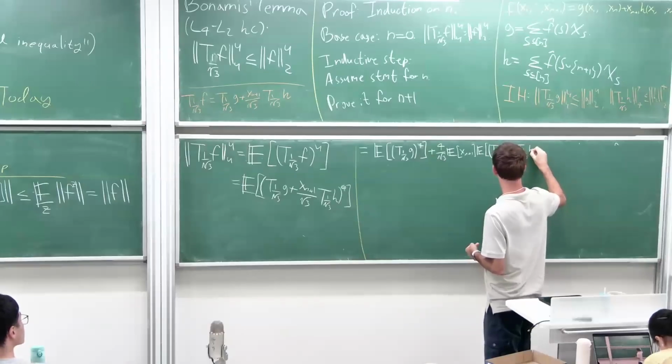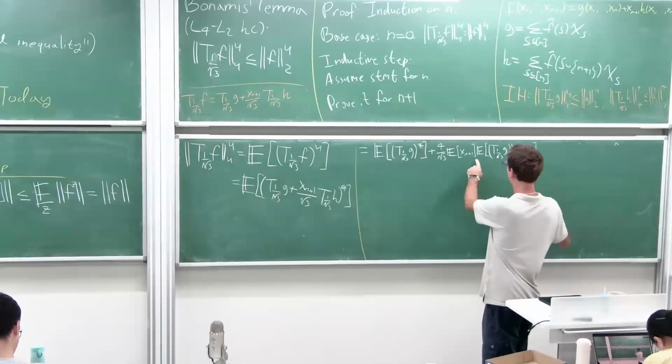So I'm separating it according to the first n variables and n plus 1.